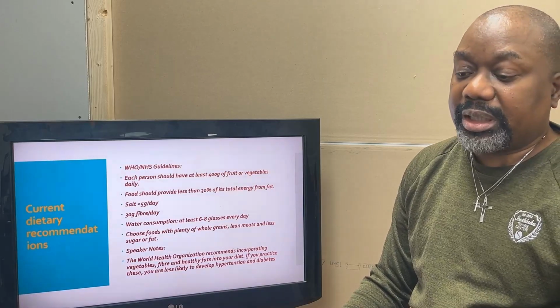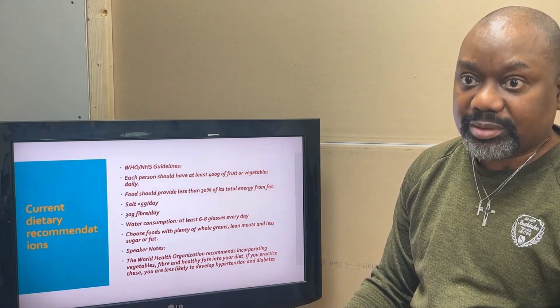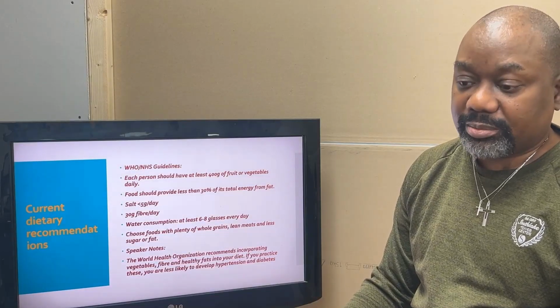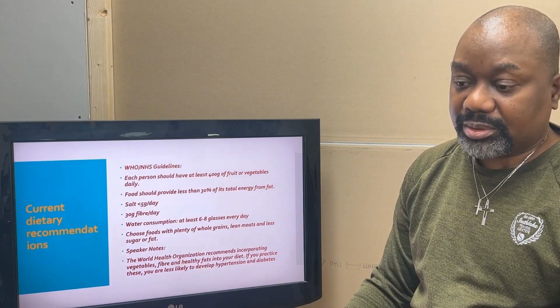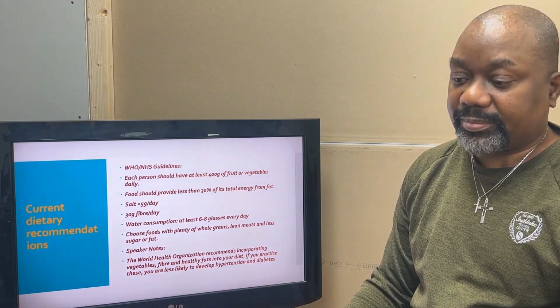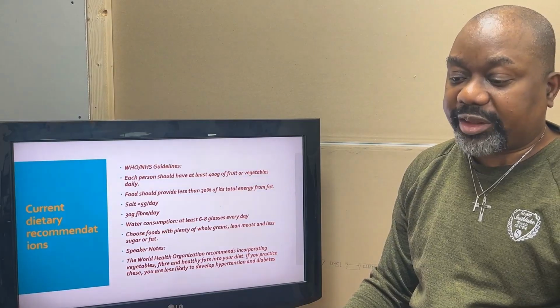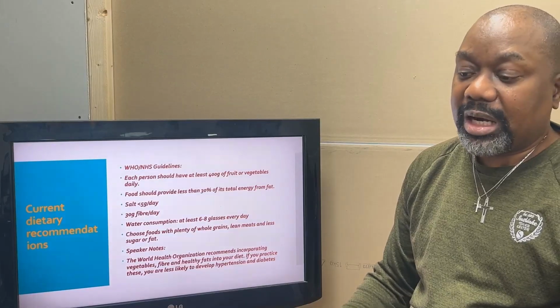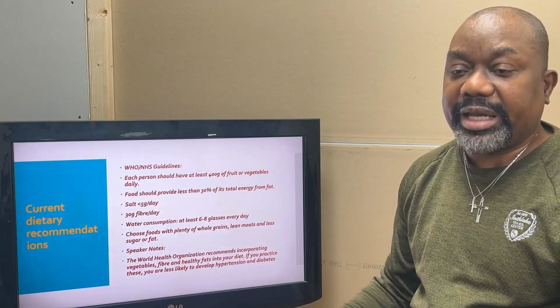The World Health Organization recommends incorporating vegetables, fiber, and healthy fat into our diet. If you practice this, you are less likely to develop hypertension and diabetes.